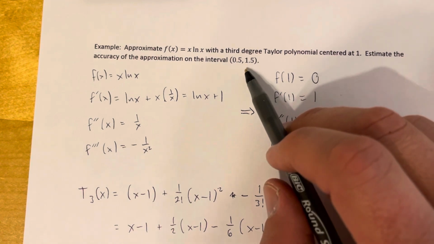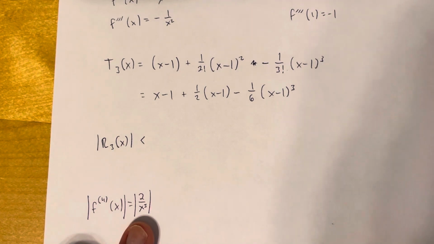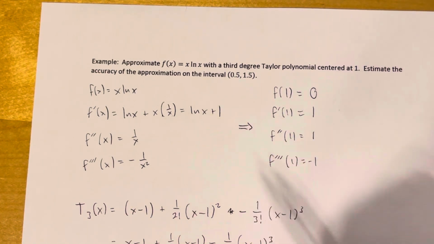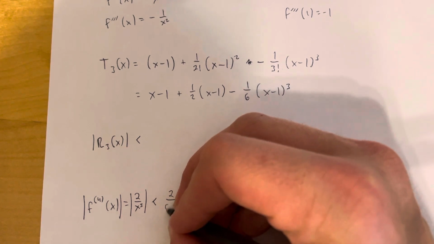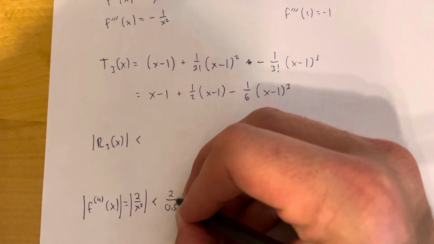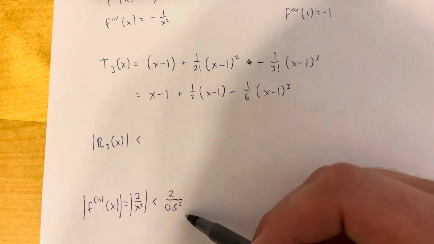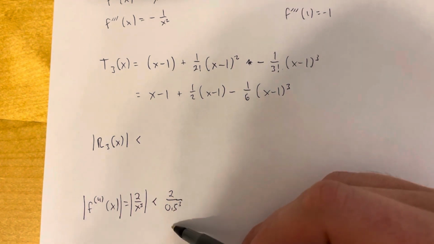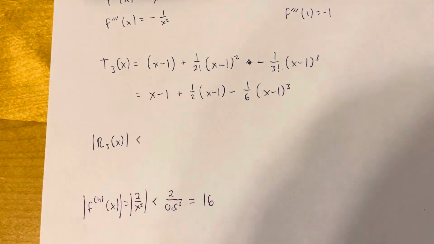Well, once again, because I have an x in my denominator, the largest I can make this is by using the smallest available value for x. This lower bound here is 0.5. So this is going to be less than 2 over 0.5 cubed. So 0.5 is the same thing as 1/2. 1/2 cubed is 1/8. 2 divided by 1/8 is the same thing as 2 times 8, so that's 16 right there. Okay?